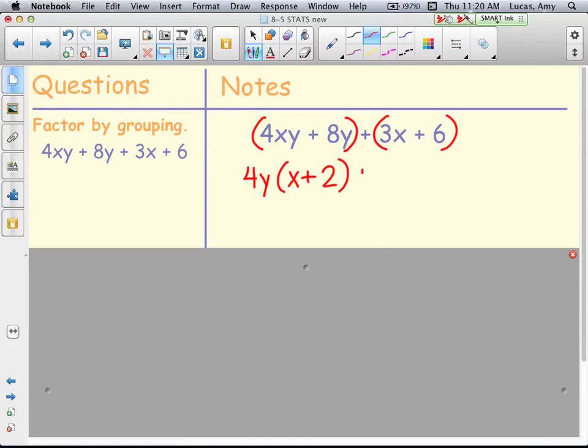Now, my second set of parentheses, 3x plus 6, they have a common factor of 3, and that's all. So if I divide by 3, I'm left with x, and 6 divided by 3 is 2. Now, look at what happened here. Our goal is for these binomials to match.